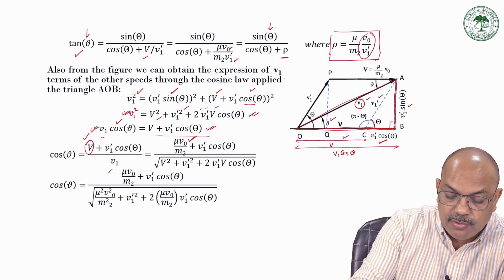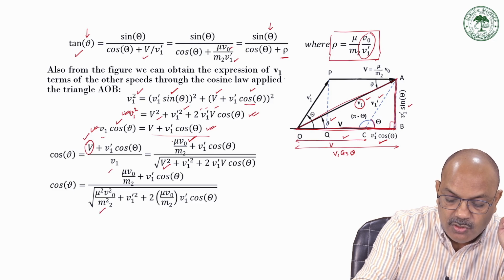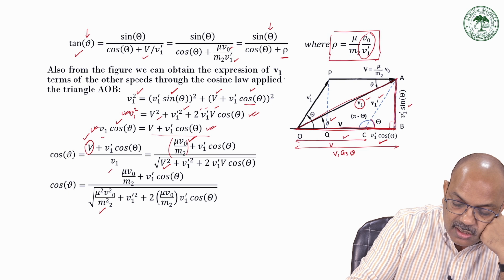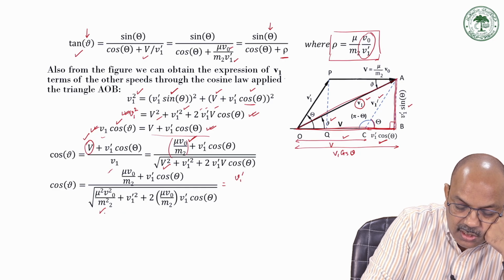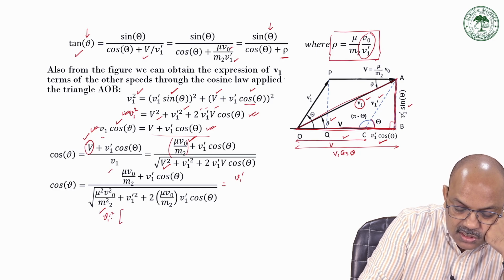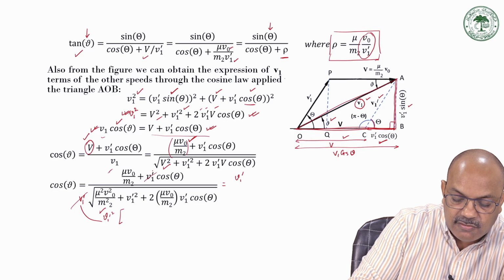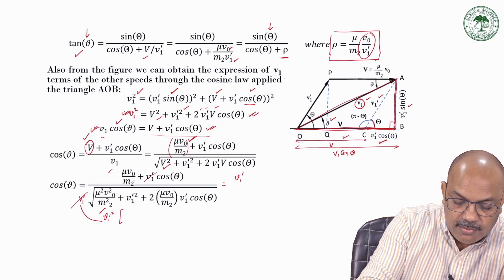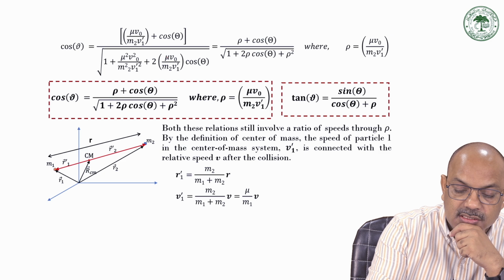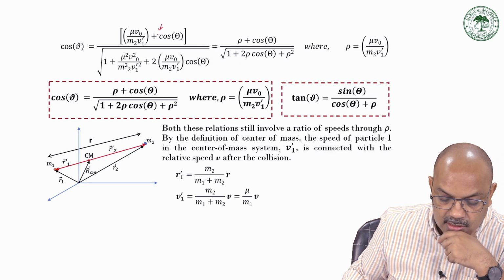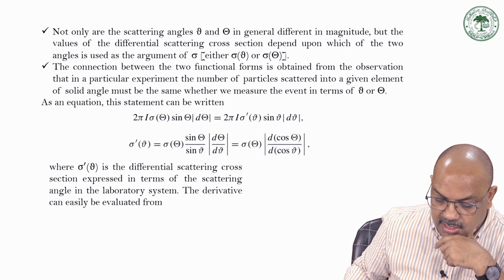So if you put it here, and take the square of mu V naught upon m naught, and then take V1 prime squared common, V1 prime will cancel out with this V1 prime, and you get V1 prime inside here.